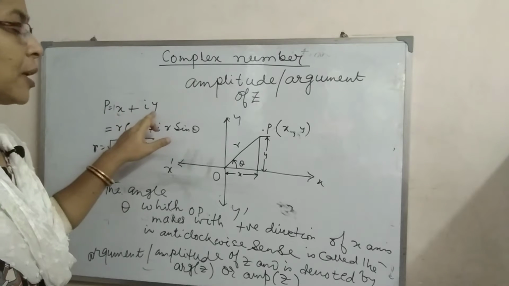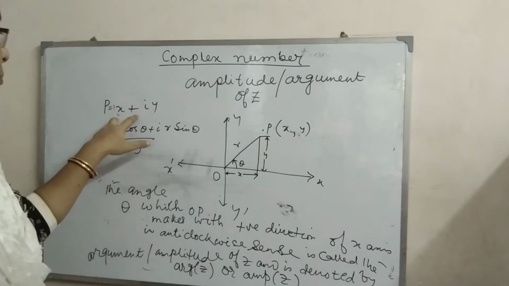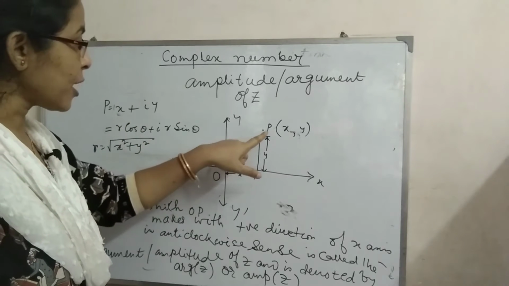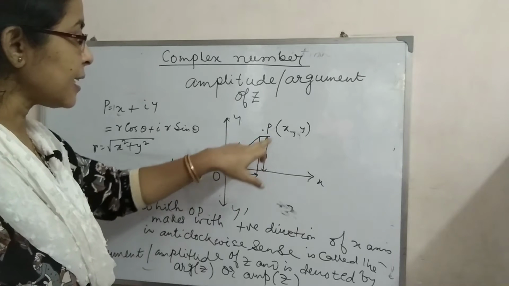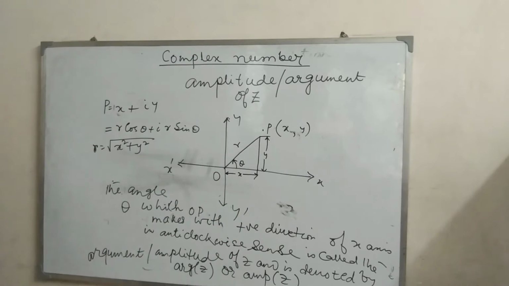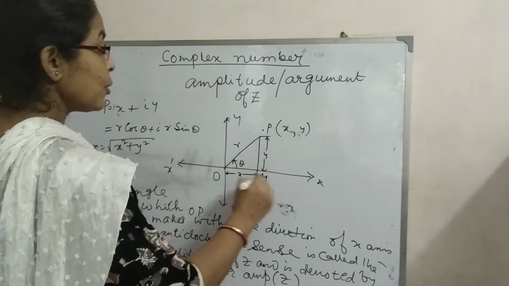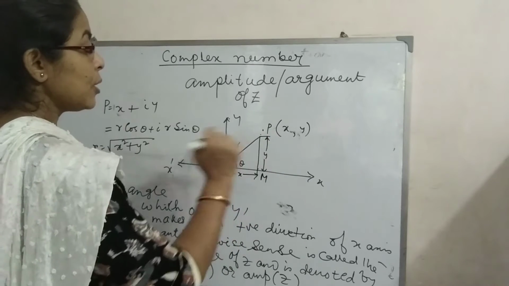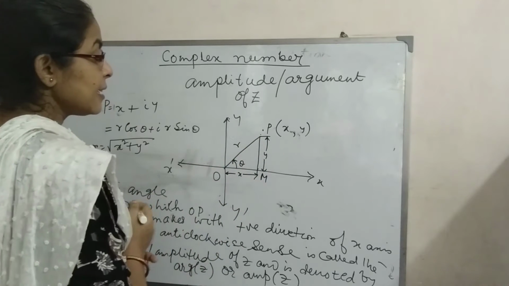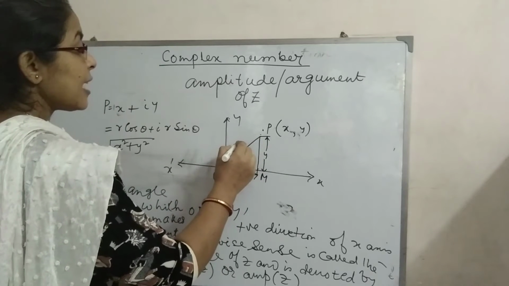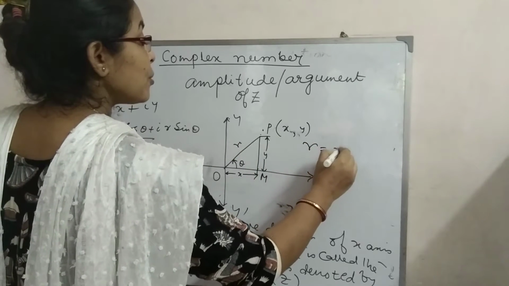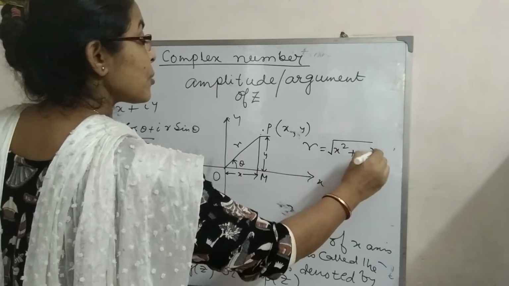If P equal to (x, y), P is a complex number. Here if I plot P, then I will get x and P (x, y). On OX, this is equal to x, and MP equal to y, and here a right angle is formed, and this is the hypotenuse, r equal to root over x square plus y square.